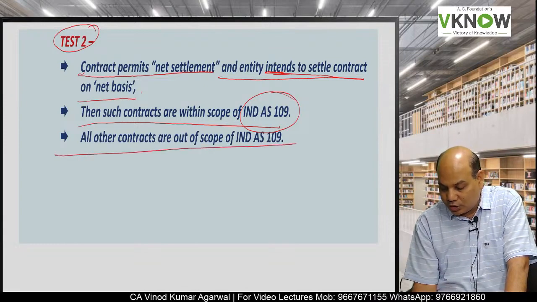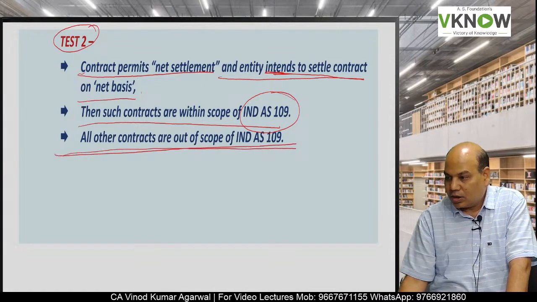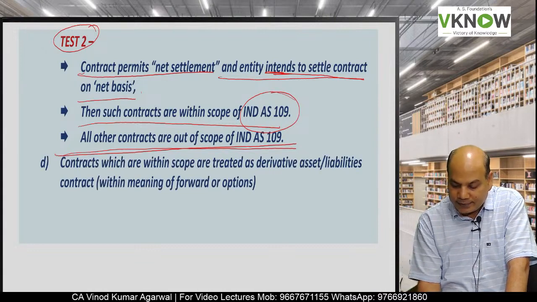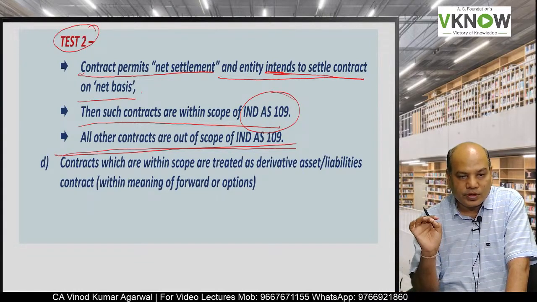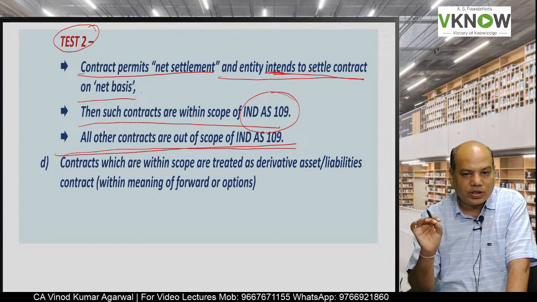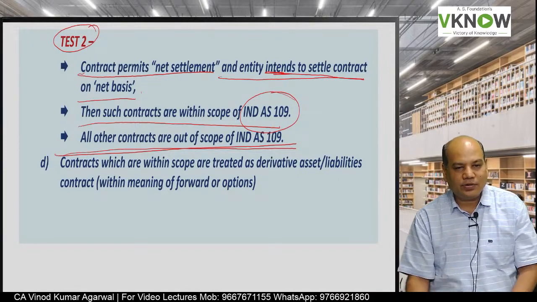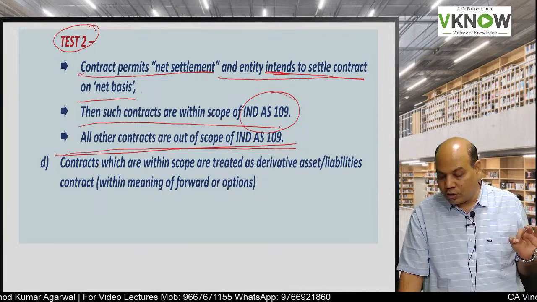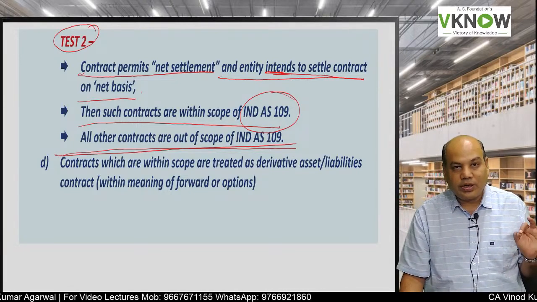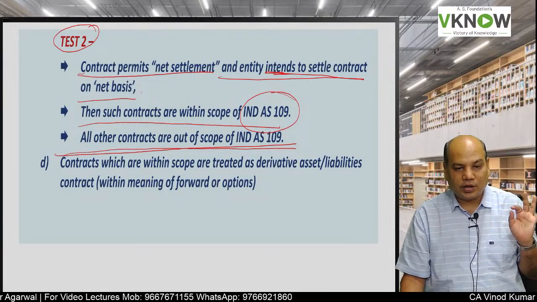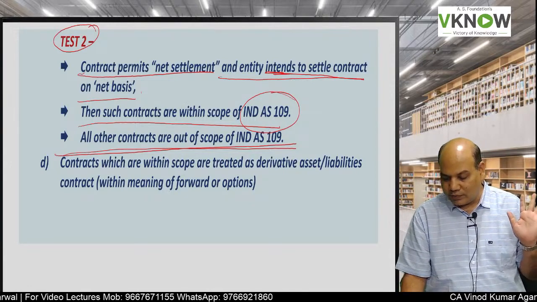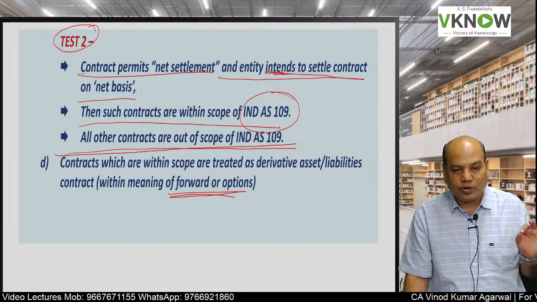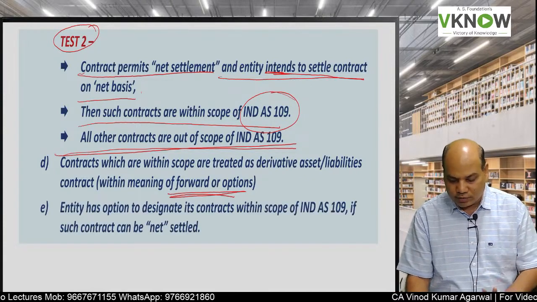Other executory contracts are outside the scope of IND AS 109. Then what will be the treatment of such executory contract which come under the scope of IND AS 109 or IND AS 32? This kind of contract will be treated as a derivative contract, a derivative asset or a derivative liability, which means they will be treated like a forward, future or option contract.